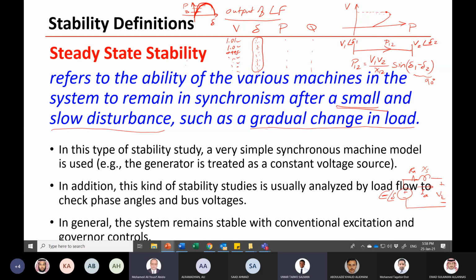Of course, if you have some measures to isolate this machine and you keep the system running in synchronism, you have to have some measures in this case. Now, if you keep the machine which is out of synchronism running in the system, definitely the system will be unstable.